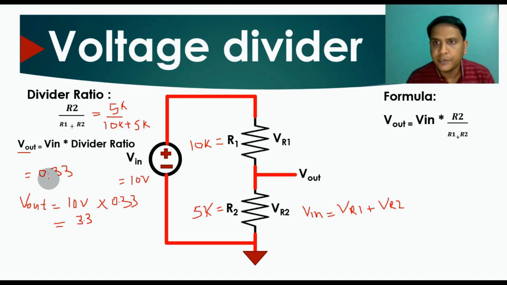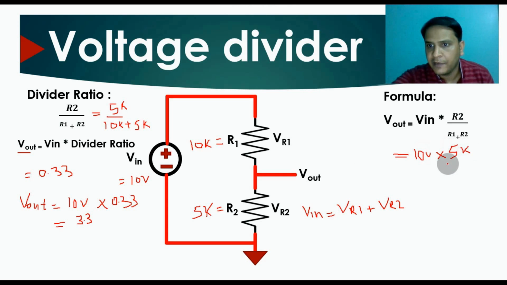Now we will directly use the formula and find the value of V out, or the voltage drop across resistance R2. So V in equals 10 volt times R2, that means 5K divided by 10K plus 5K.